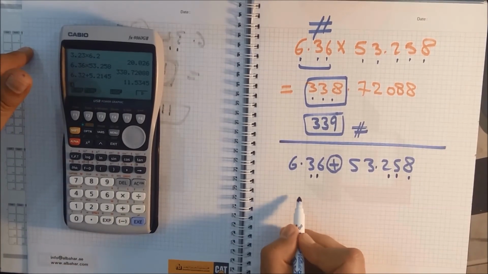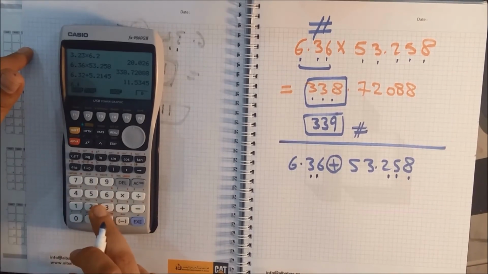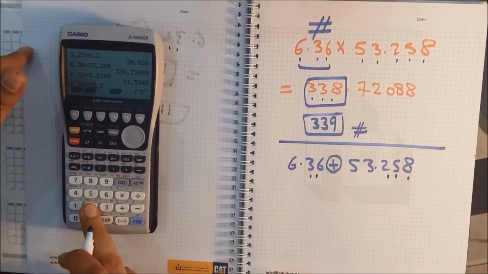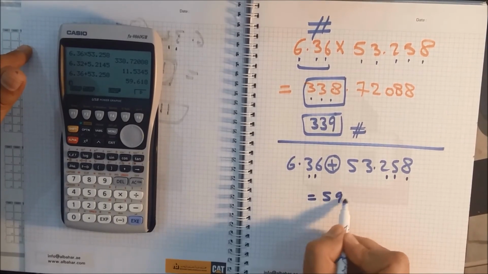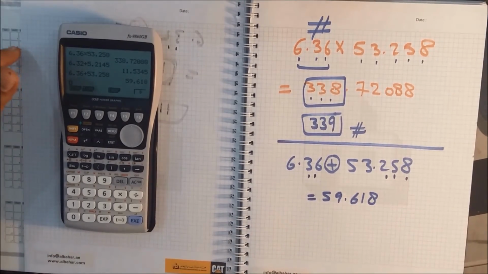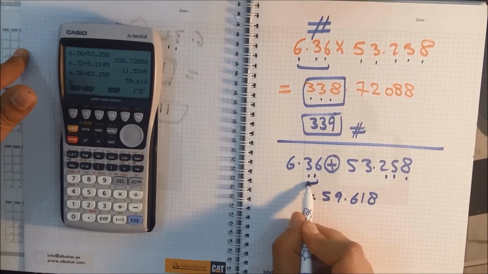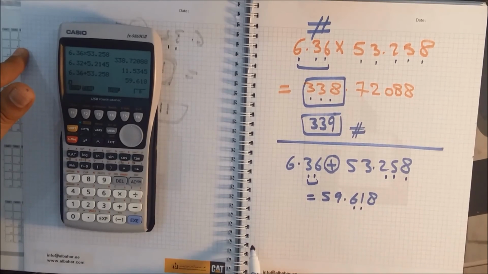So your result should be 6.36 plus 3.258. Your result from the calculator is 9.618. Look at the digits after the decimal point. I have to have 2 numbers after the decimal point because this is the least after the decimal point. So 1, 2.